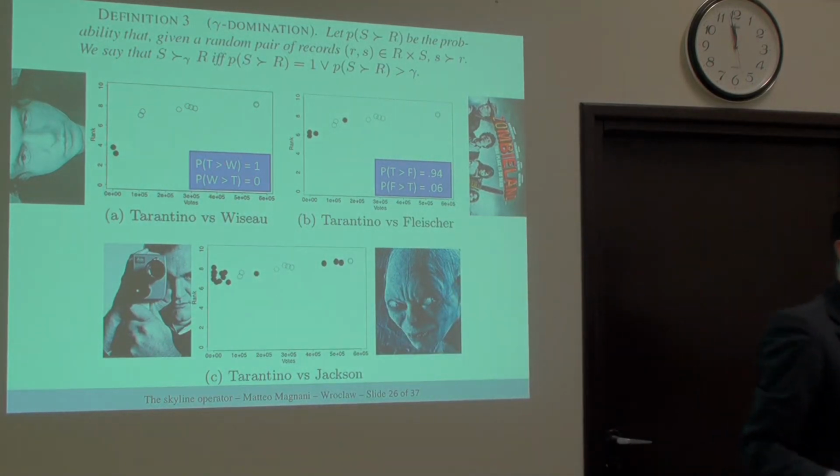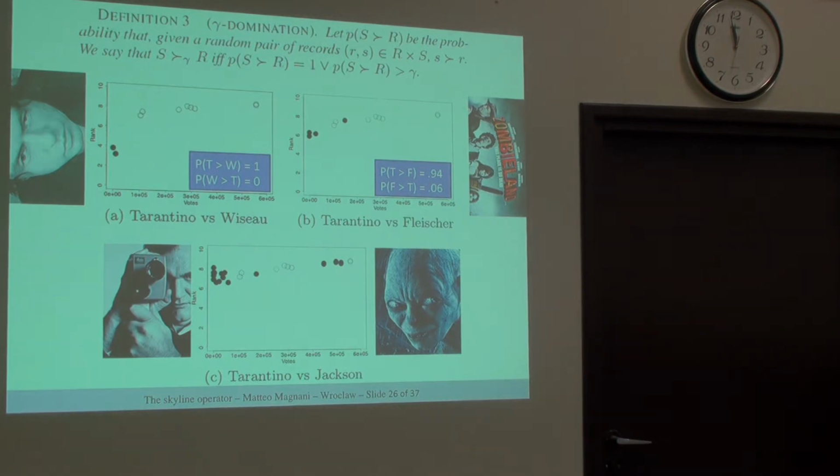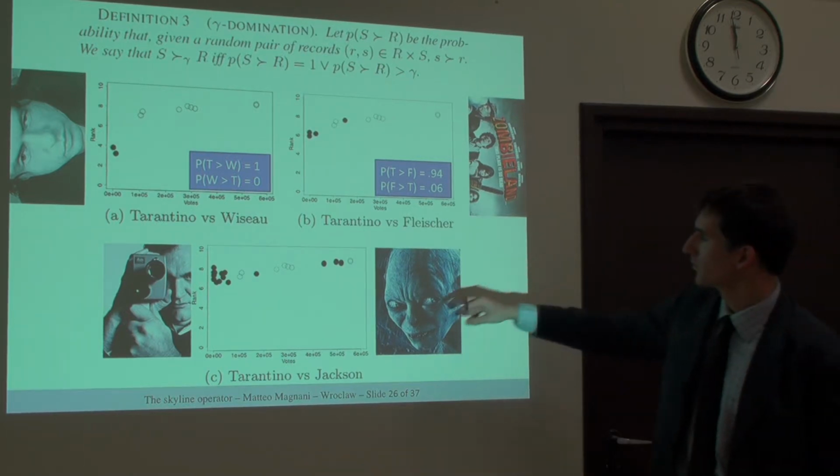I mean, the probability, if you take a pair, two items, one movie, another movie, this one is better than this one but the quantity is opposite, so you cannot tell that this is really better than this one. So how do you check this probability? It is the probability that both parameters are better, and all the other cases are on the opposite side. Exactly. And let's go to this example.